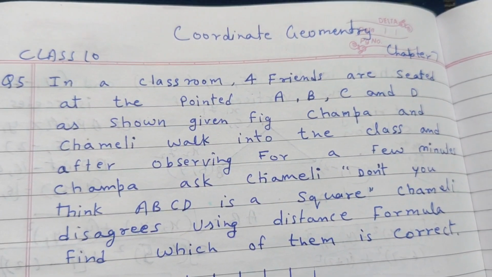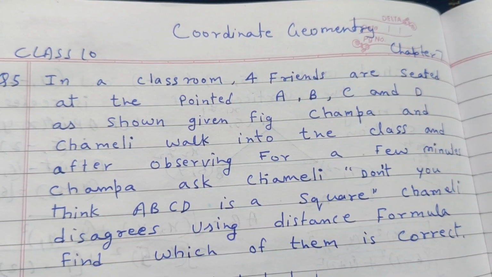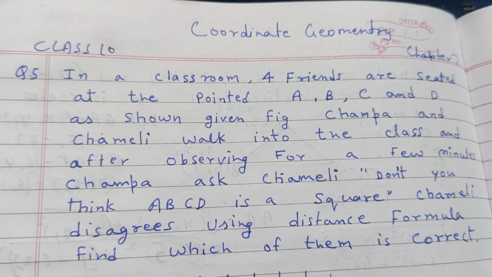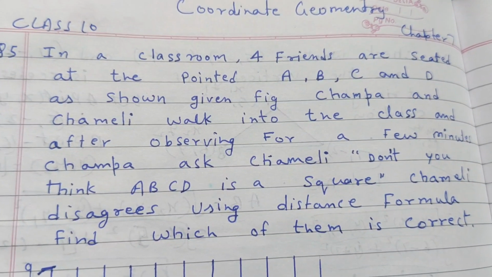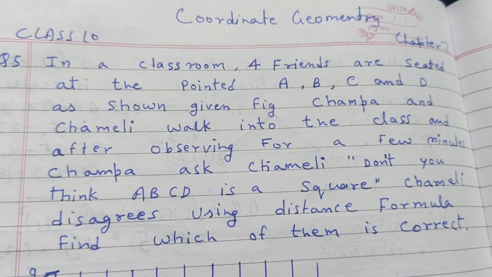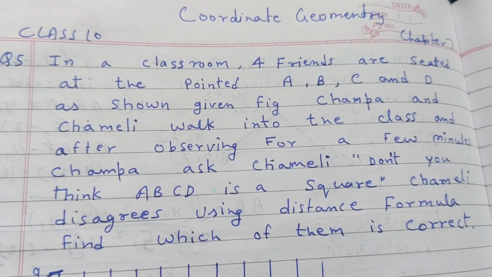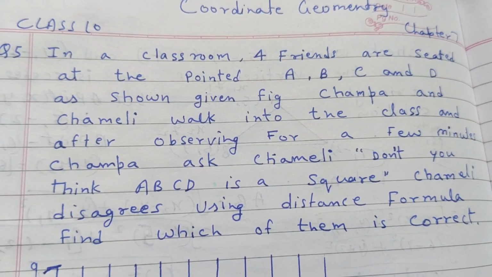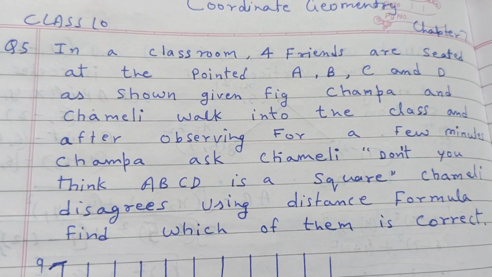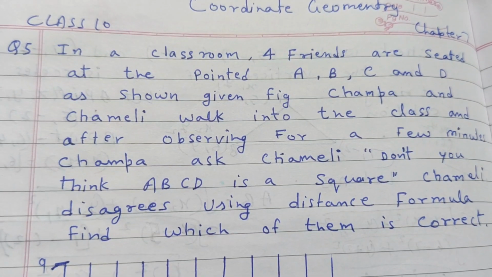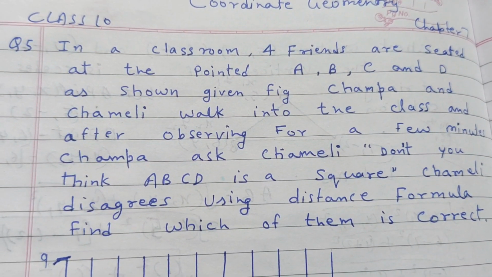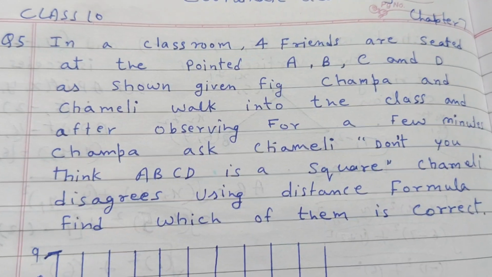Class 10th Coordinate Geometry, Chapter 7, Question number 5. In a classroom, there are four friends seated at the points A, B, C and D as given in the figure.